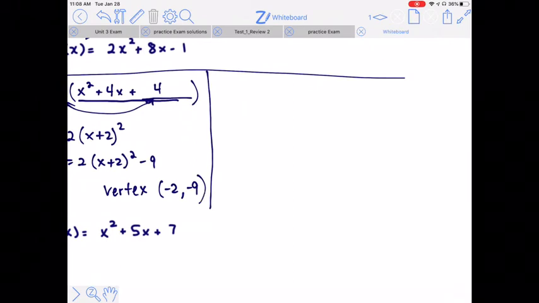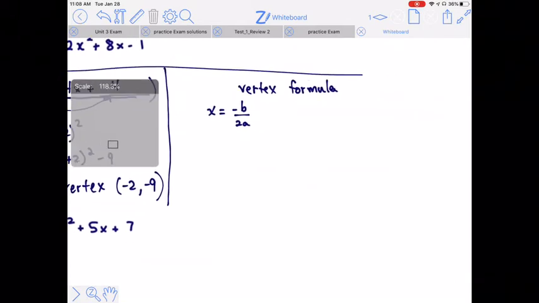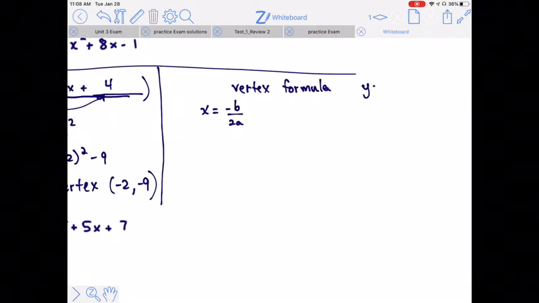There is a very simple formula called the Vertex Formula. And it's x equals the opposite of b divided by 2a. And this is assuming you're looking at the equation in general form, ax squared plus bx plus c.